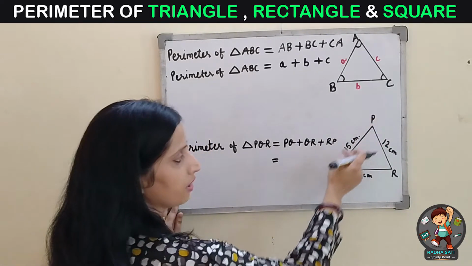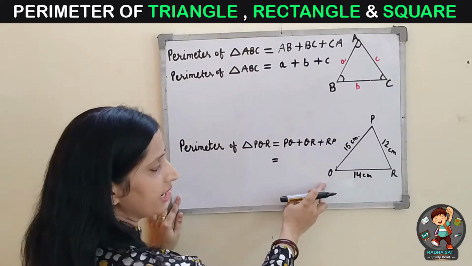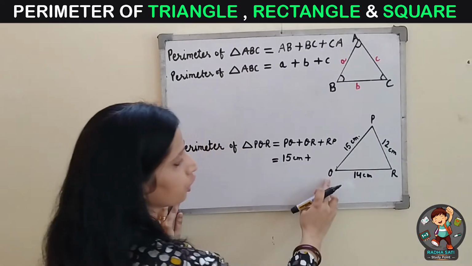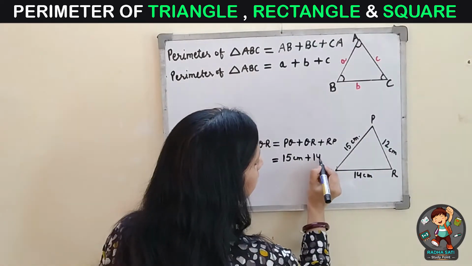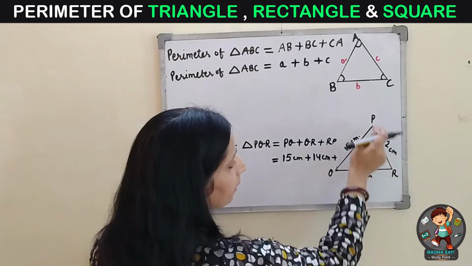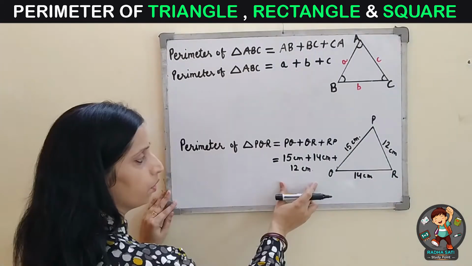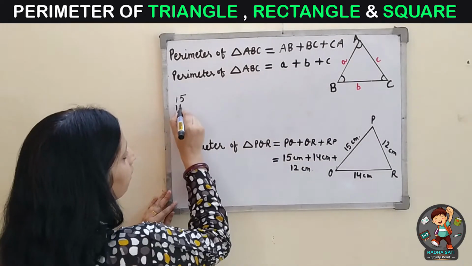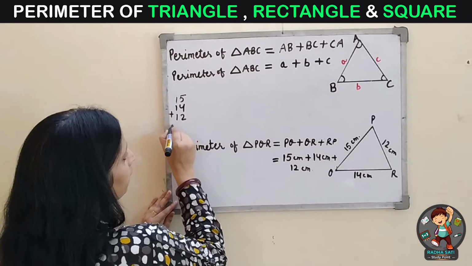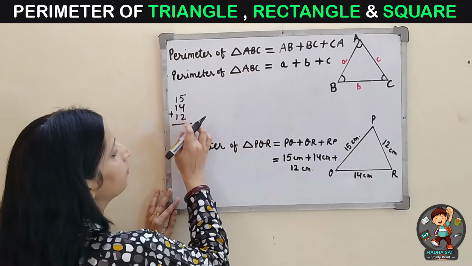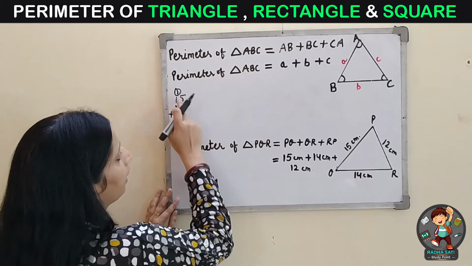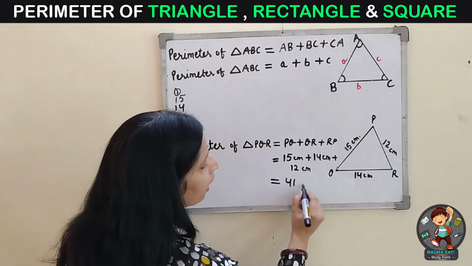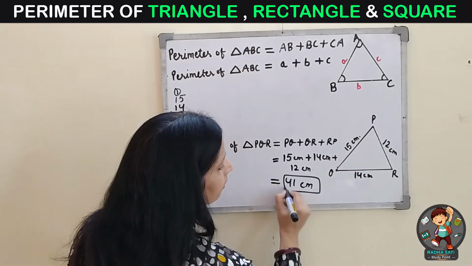We know its dimensions: PQ is 15 centimeter, QR is 14 centimeter, and RP is 12 centimeter. Let's add all these: 15 plus 14 plus 12. 5 plus 4 is 9, 9 plus 2 is 11, write 1 and carry 1, and 1 plus 1 plus 1 plus 1 is 4. So the perimeter of triangle PQR will be 41 centimeter.